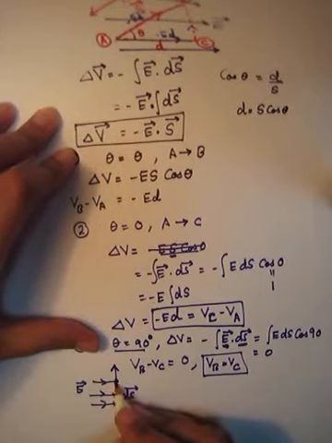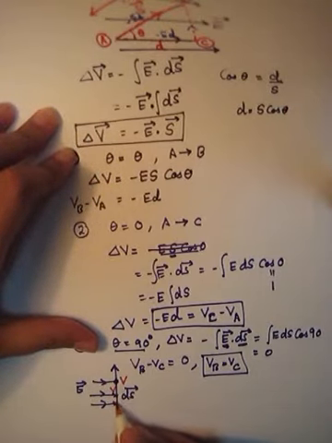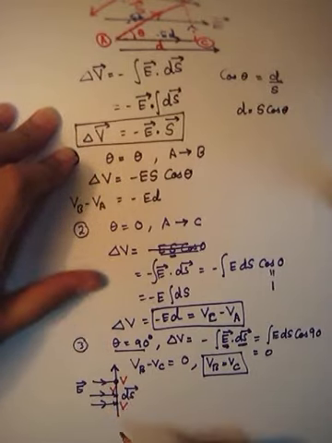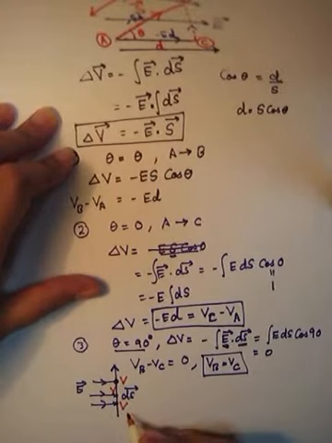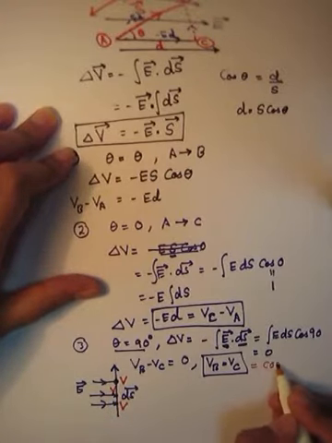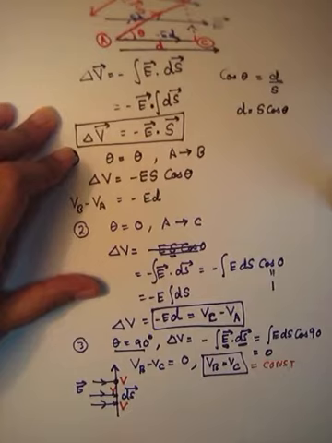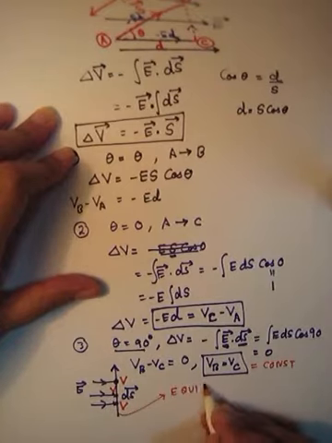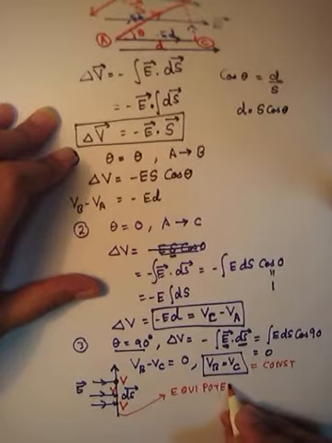At each point, if it is V here, it will be V here, it will be V here on this surface. And it means that the potential will be constant on a surface, and this surface is called equipotential surface.